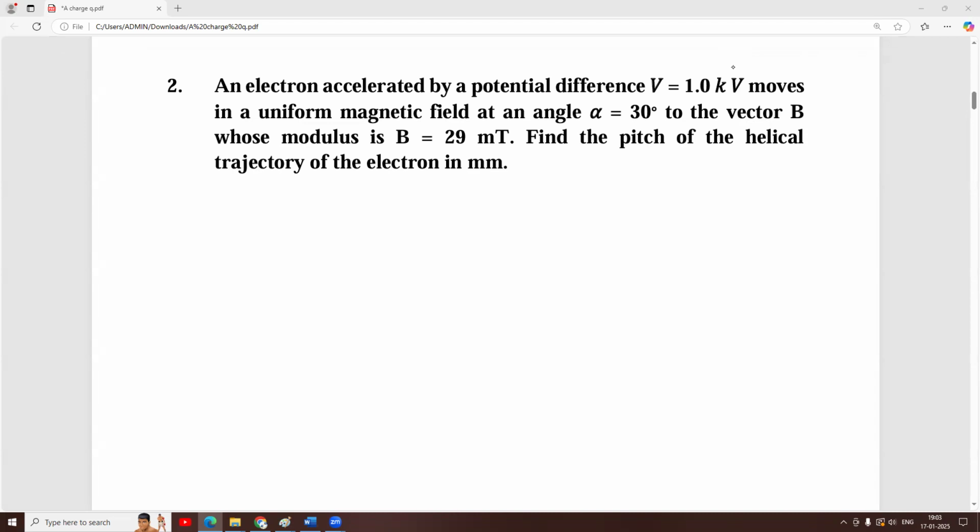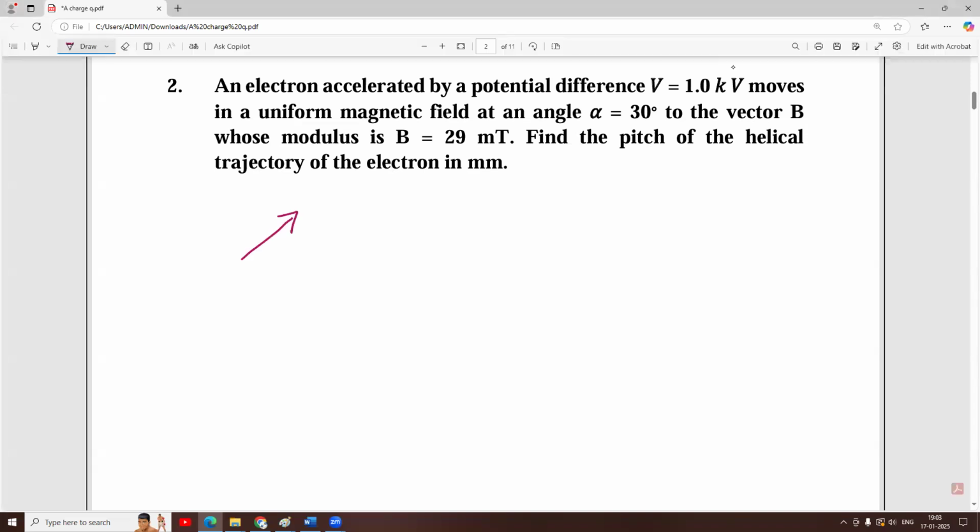Whenever a charged particle moves at an angle to the direction of the magnetic field, suppose the magnetic field is in this direction and the motion of the charged particle is like this.